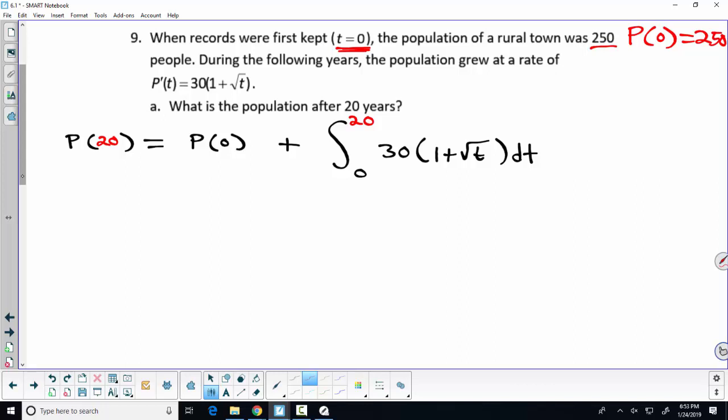Still, really the bulk of the problem is finding the antiderivative, right? So we've got our 250 plus, what's the antiderivative here? T plus, I don't know if you all like to leave the constants out or put them in. We'll leave it out. T plus.